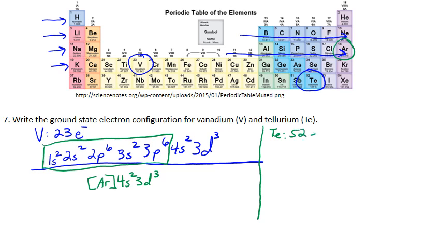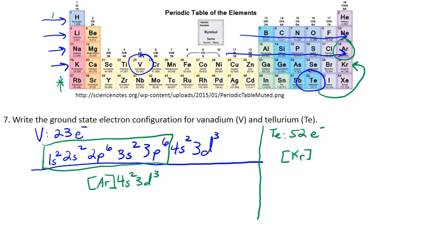Now that makes writing the electron configuration for tellurium much easier because it has 52 electrons. I don't want to write all 52 electrons. So I will go and look at the noble gas on the row right above it. That's krypton. So I can write krypton in brackets, indicating that I've included the electron configuration up to that point. So now I will start on the actual row tellurium's on.